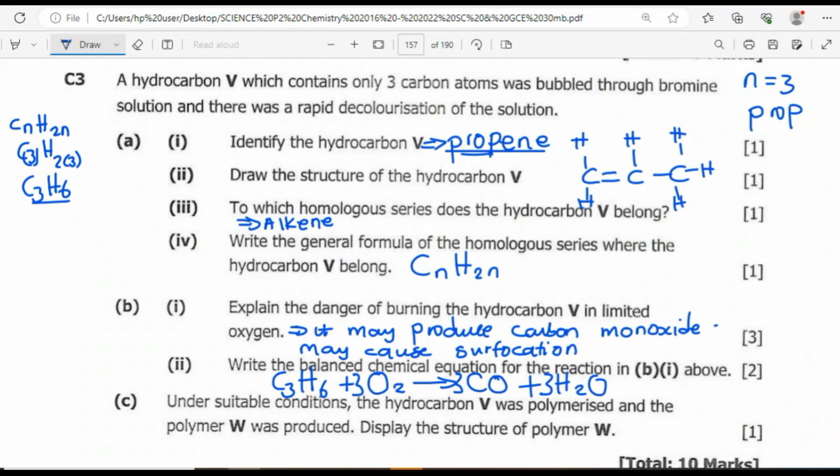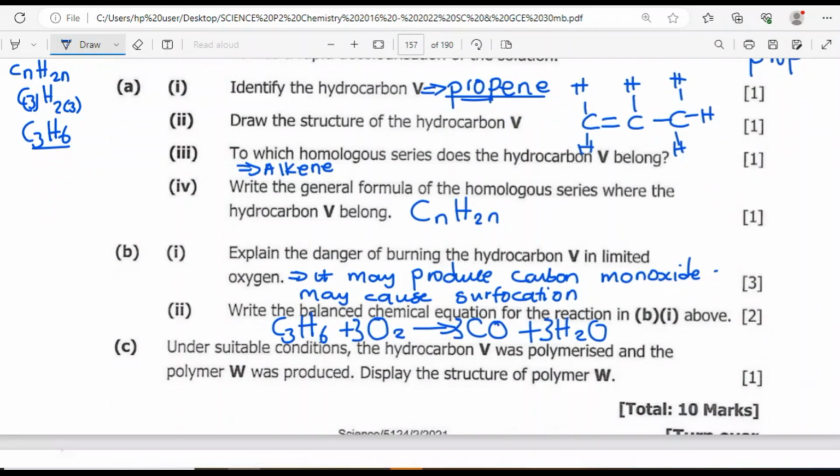Then under suitable conditions, the hydrocarbon V was polymerized and polymer W was produced. So display the structure of polymer W. So here we are not told how many monomers we are going to use, so let's just use 2. So CH3. By now I'm sure you've gotten the picture.